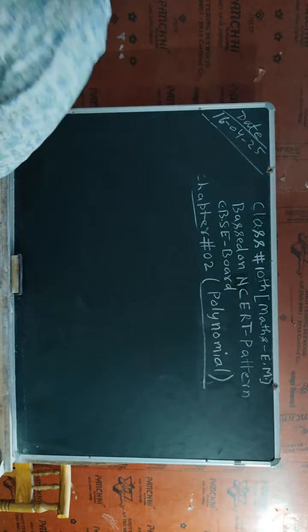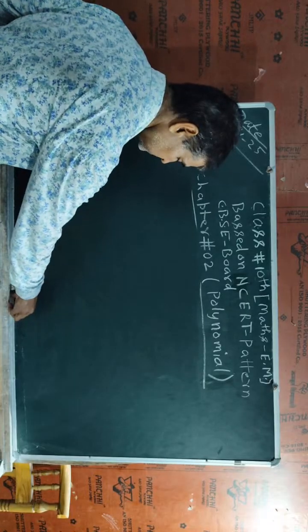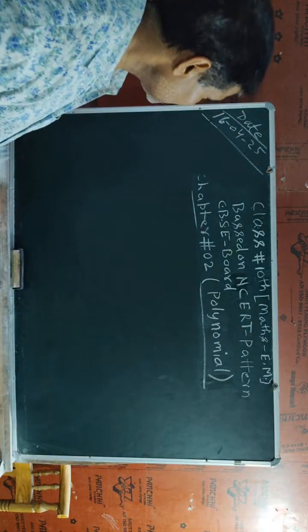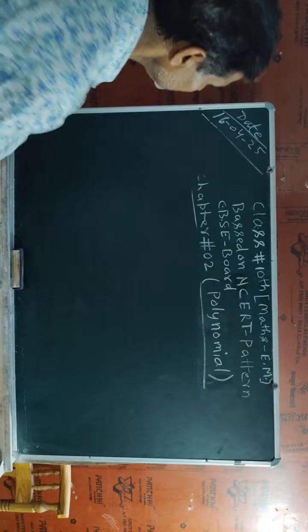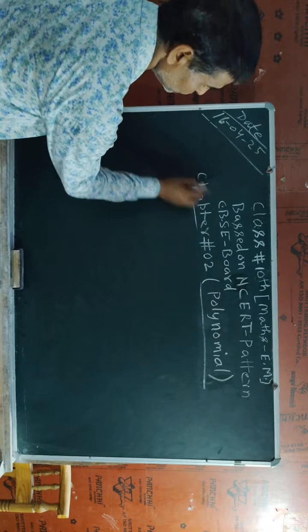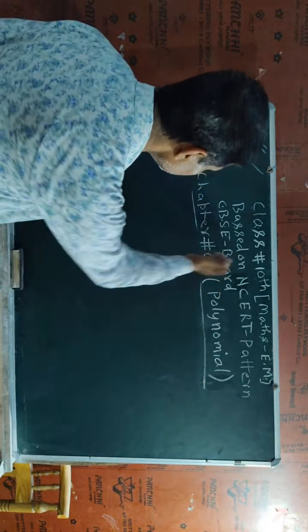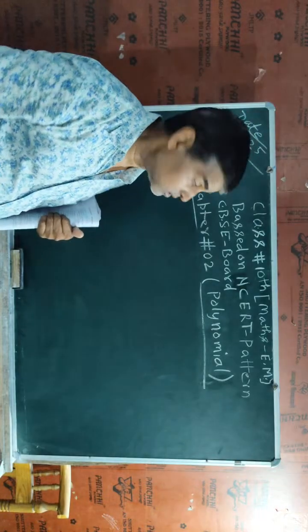So I am going to take numerical values. First of all, I will explain that this is class 10th mathematics, based on the NCERT pattern. It means that this belongs to the CBSE board.